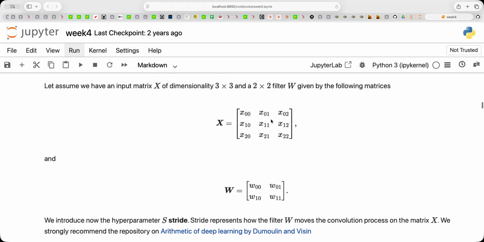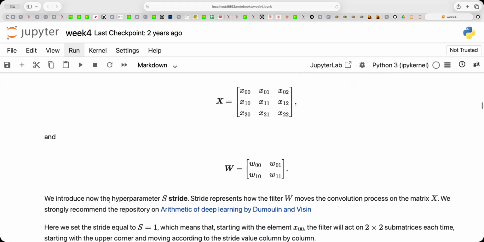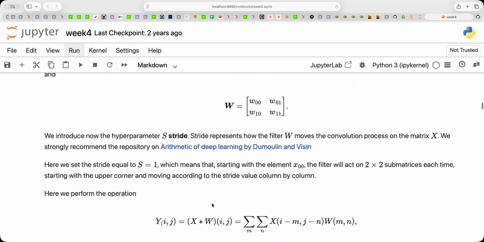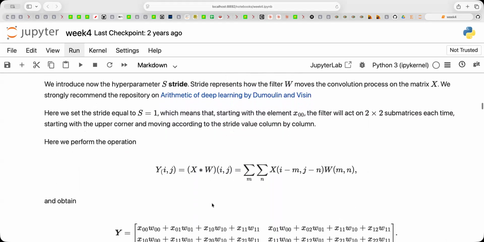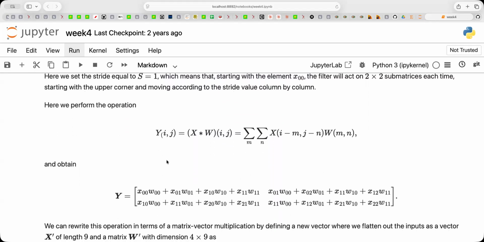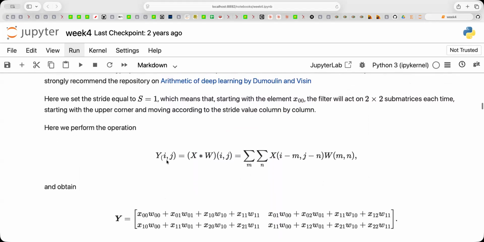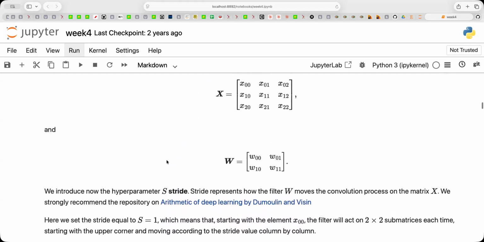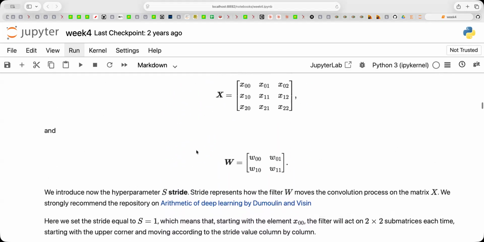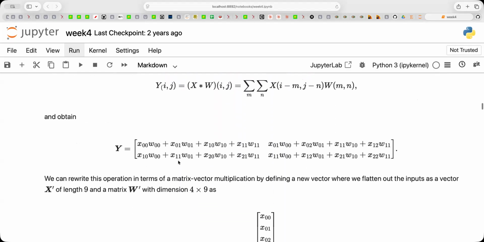If you introduce a hyperparameter stride, and then scroll down a little bit, and look at the final result when you have performed the convolution, this is what you get.